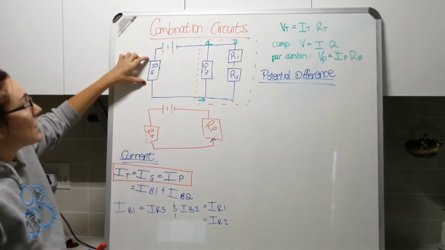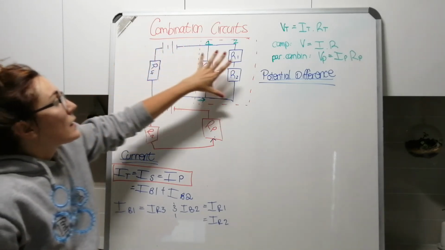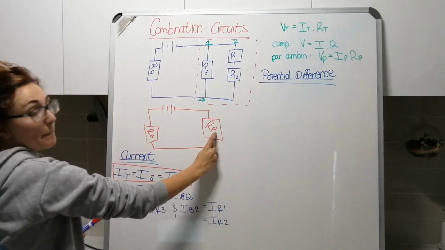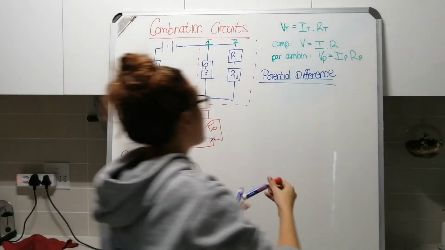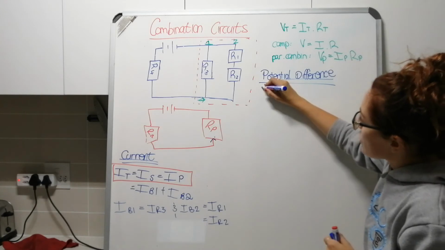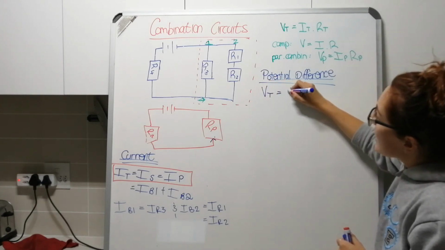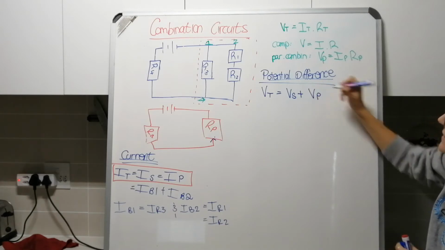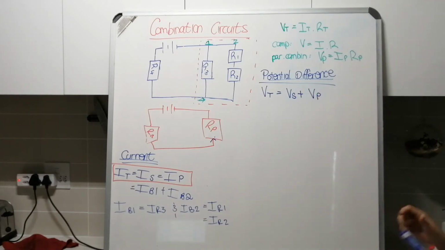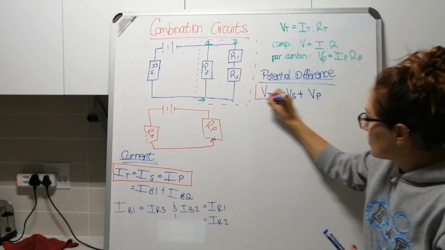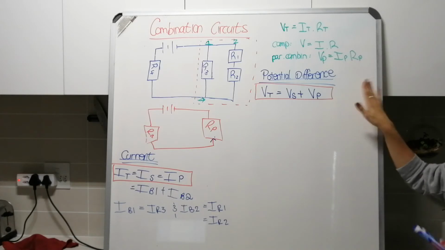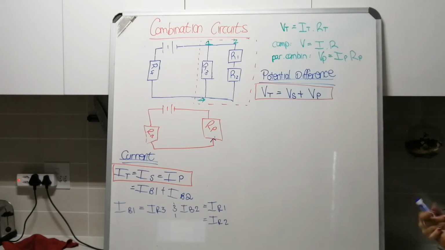So it's V series plus the potential difference of this parallel section if we imagine it as one big resistor. So the total potential difference is equal to the series potential difference plus the parallel potential difference. This is always true. Then you'll have to break that up depending on what your scenario looks like. This is just in general.